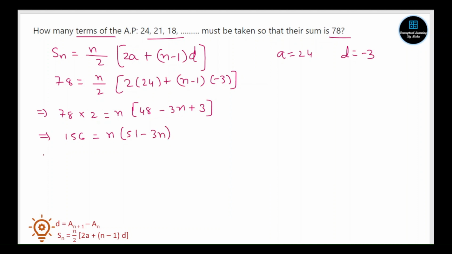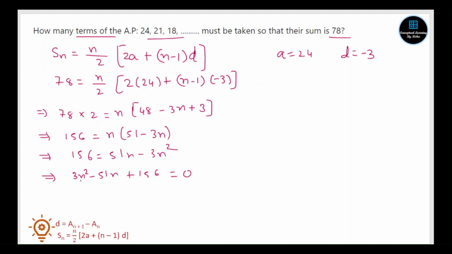And again, on solving this, we'll get a quadratic equation: 51n minus 3n square. Bringing all terms to the left hand side, we get 3n square minus 51n plus 156 equals 0.